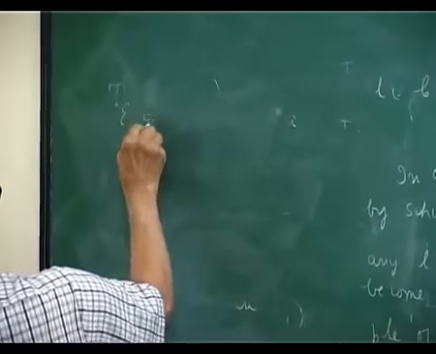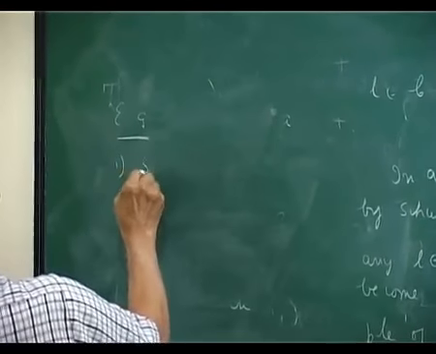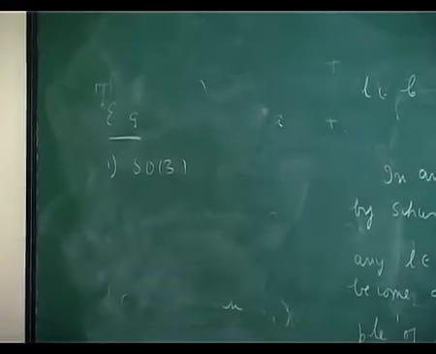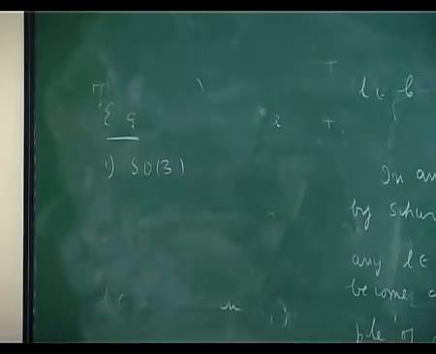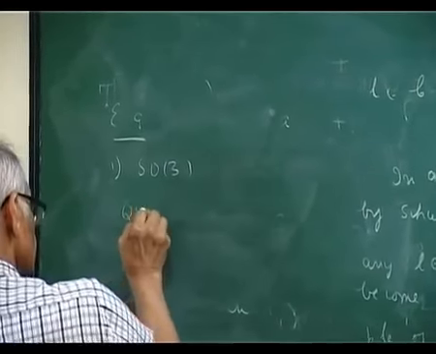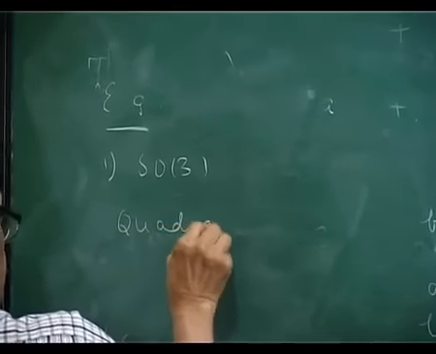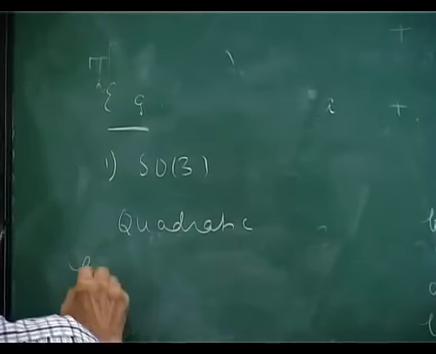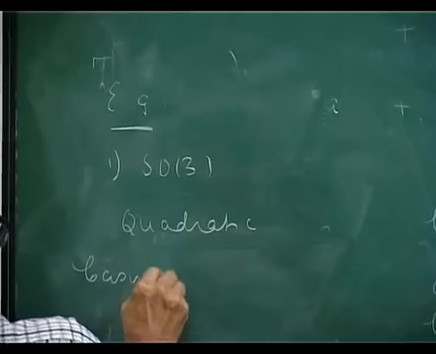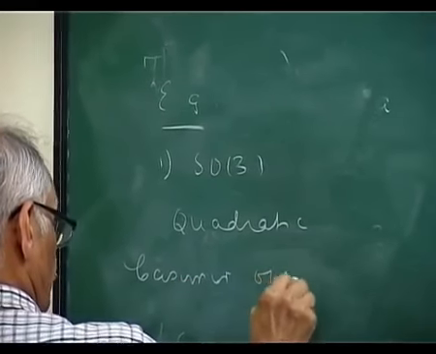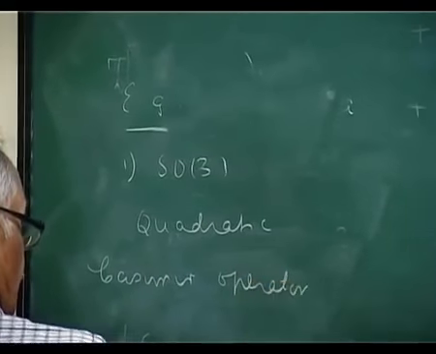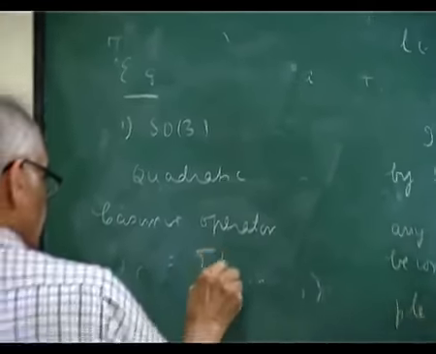Example, SO(3). The quadratic Casimir operator is equal to the summation of Li squared.